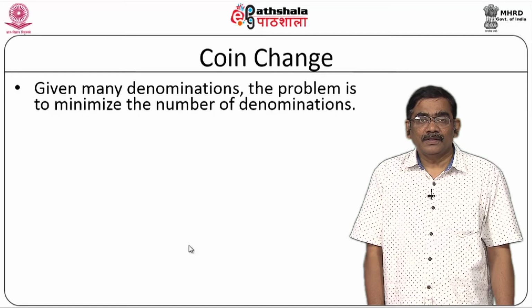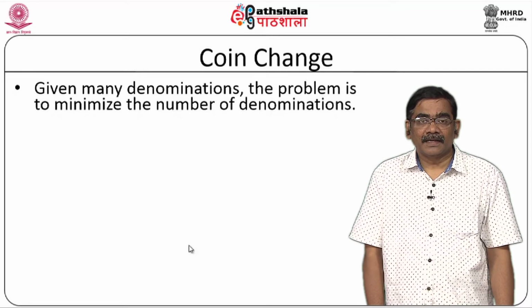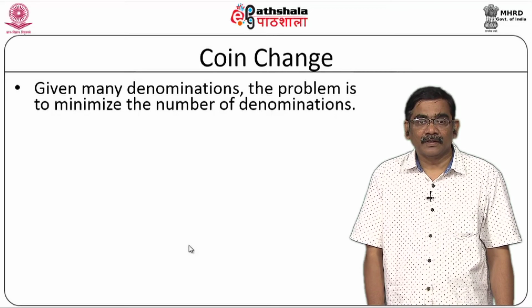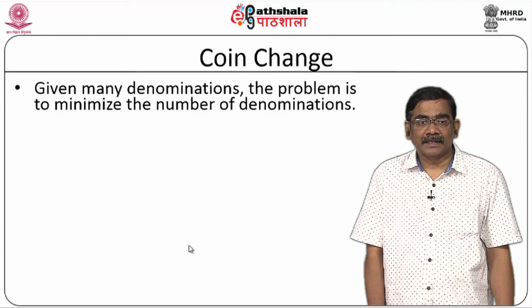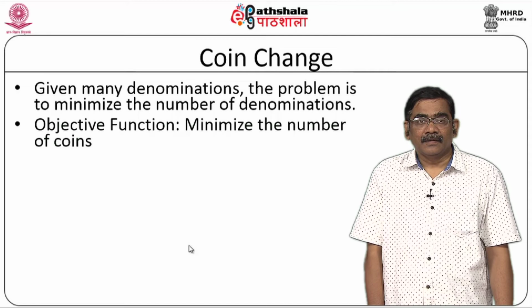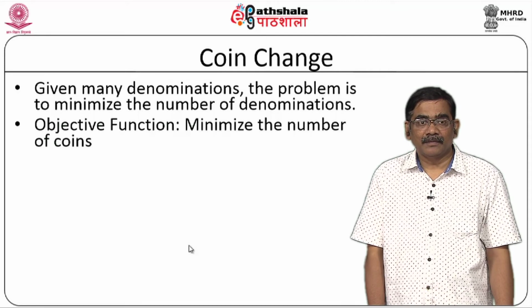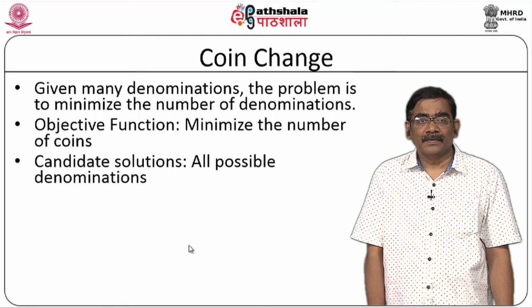Once we have a problem which is stated like minimization, then immediately we can recognize that this is going to be an optimization problem. The optimization problem has an objective function, that is, to minimize the number of coins.